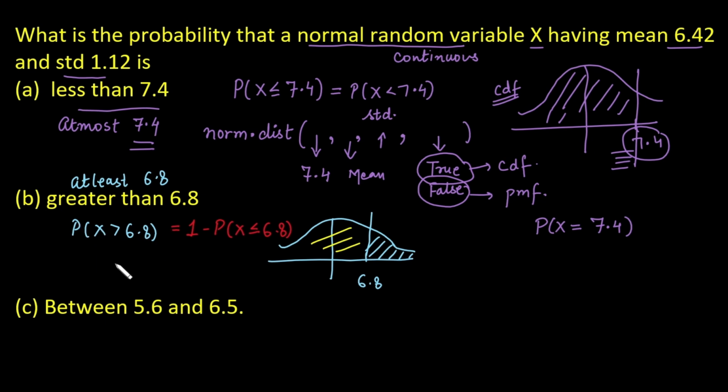So this value is equal to the total area under the curve, that is a 1, or we can say that the total probability, that is a 1, minus probability when the random variable is less than equal to 6.8. Whenever we are dealing with the less than equal to form, it means we are going to work with the cumulative distribution function. So let's calculate this value in Excel.